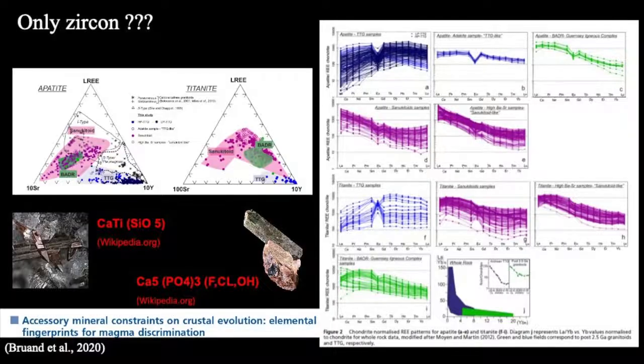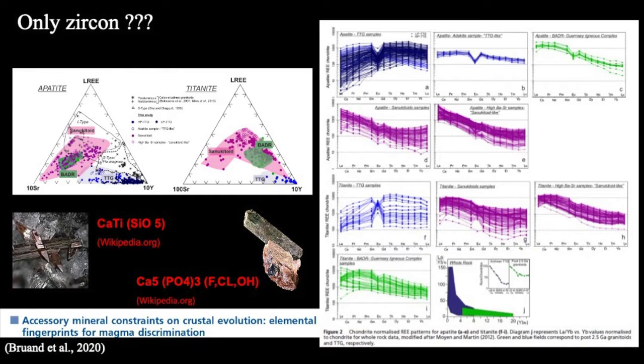I want to tell you there was a lot told about zircons, but we also use other accessory minerals, and two of them are important, namely titanite, calcium titanium silicate, and apatite, calcium phosphate.